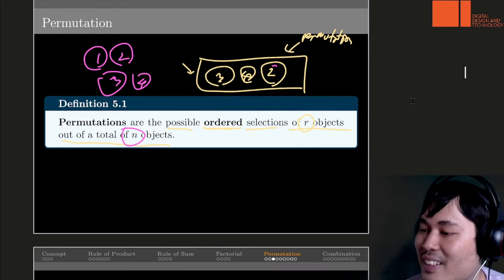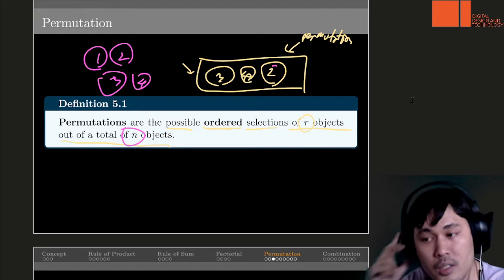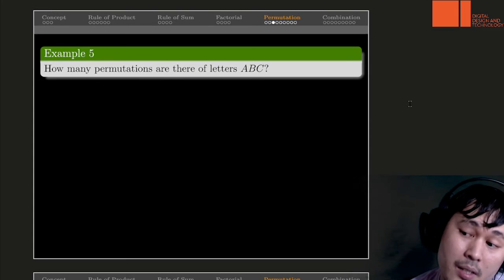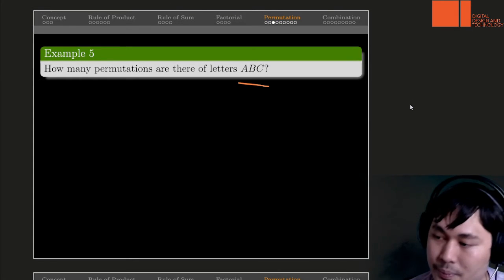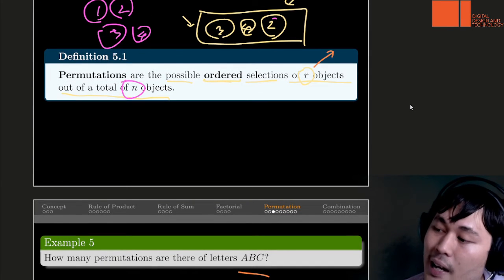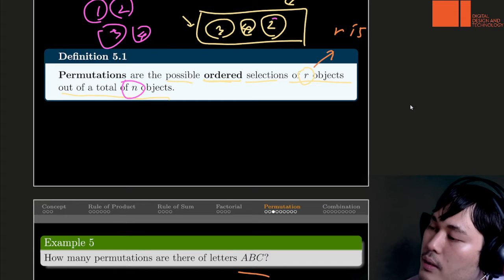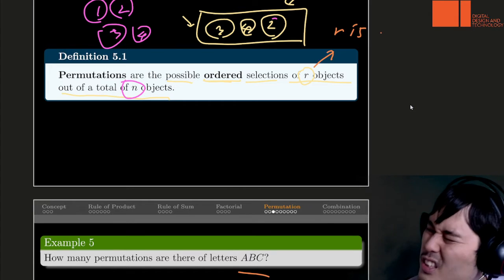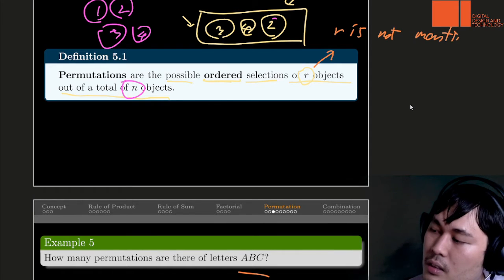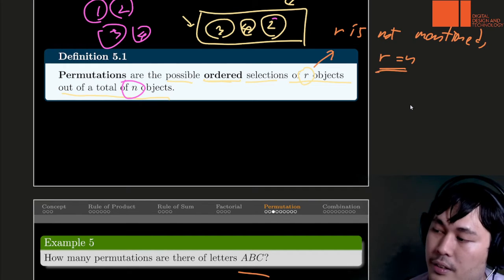As simple as that, but maybe we need an extra example to understand the definition. For instance, how many permutations are there of the letters ABC? One thing I forgot to mention earlier is that if r is not mentioned, then we can assume that r and n are the same.